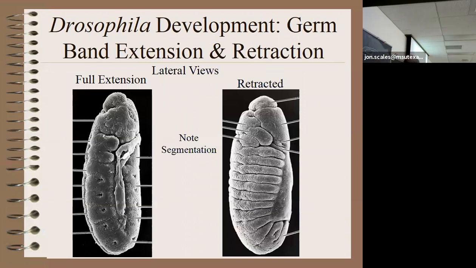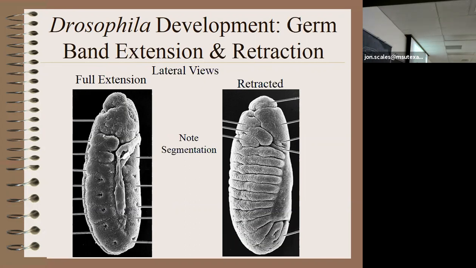So this is at full extension. This is the ventral side on the left and the dorsal side on the right. The anterior is at the top, and posterior is actually right there, because this is going to suck back around. Okay, so here it is at full extension, and here it is after it has retracted.